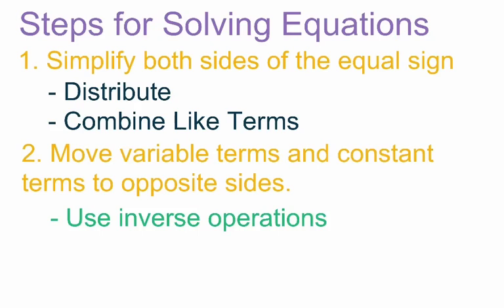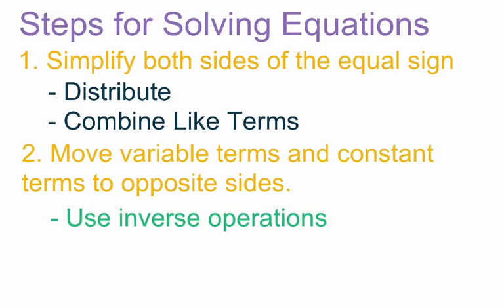Written out, the steps for solving equations: our first step is to simplify both sides of the equal sign. We do this by using distribution, and then we also want to combine like terms. We haven't talked about combining like terms, but when we're talking through some examples, you'll hear me use that phrase quite a bit.